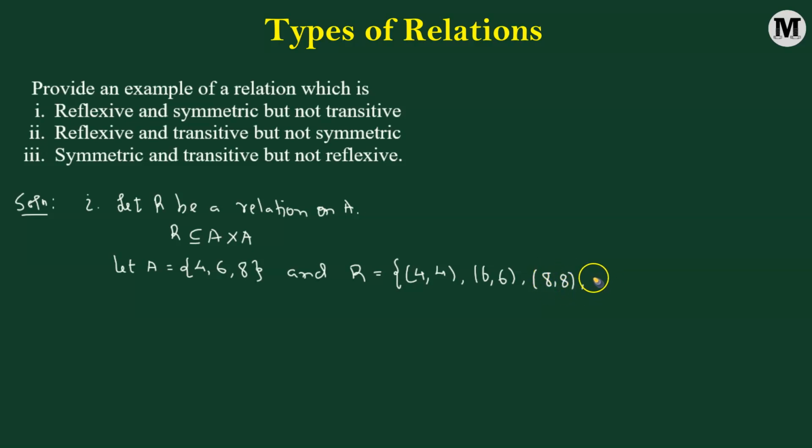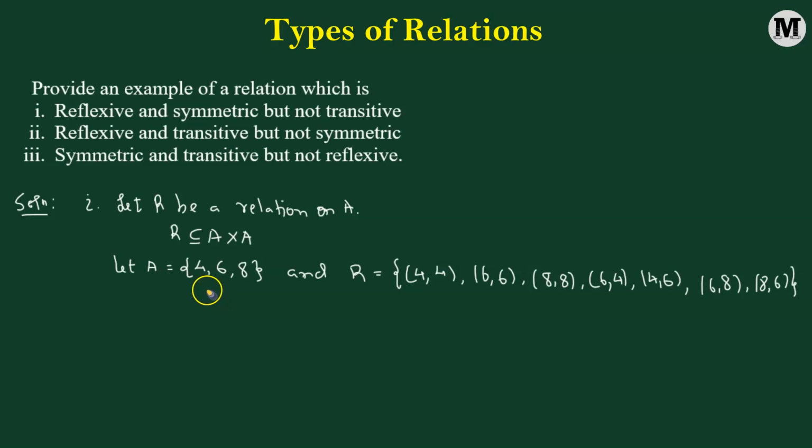Next we have (6, 4), next (4, 6), then (6, 8), and we have (8, 6). Right. So this is the relation R which is defined on the set A.